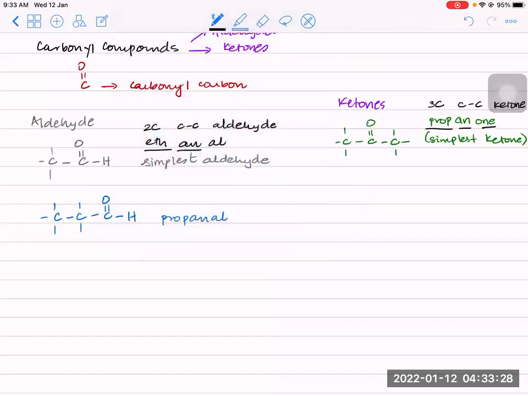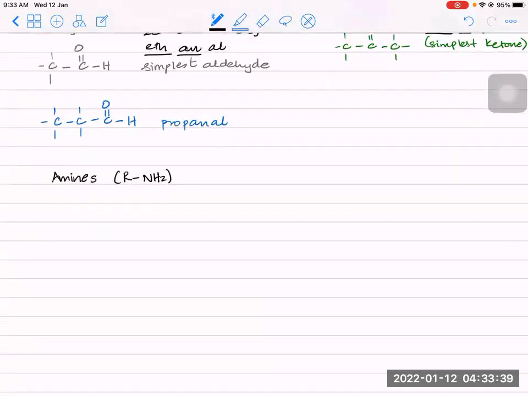Now let's start with amines. Now what are amines? Where you have an R group with an NH2. Basically it's an alkyl group with an amine. So let's take this R group right here with an NH2.